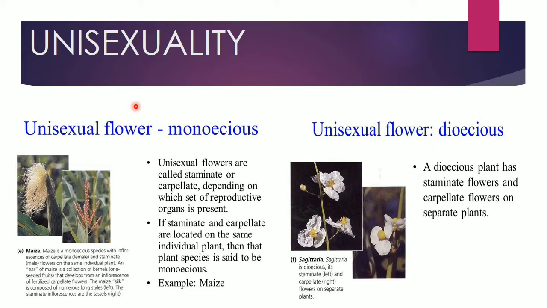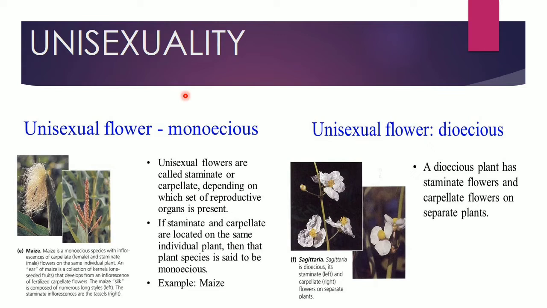But here we have to study two types of terms. The flowers can be bisexual or unisexual. Bisexual means both androecium and gynoecium will be present. Unisexual means either androecium or gynoecium will be present. That much is clear, right?